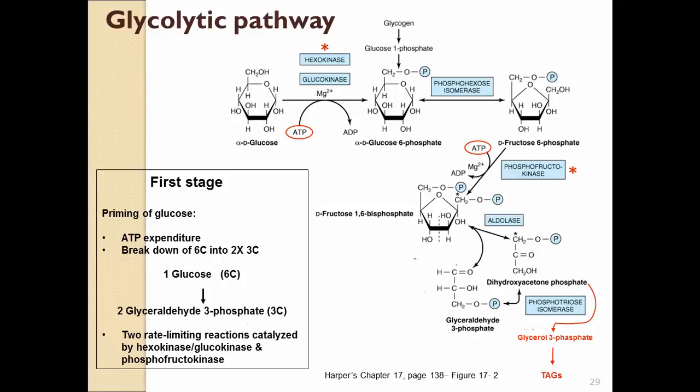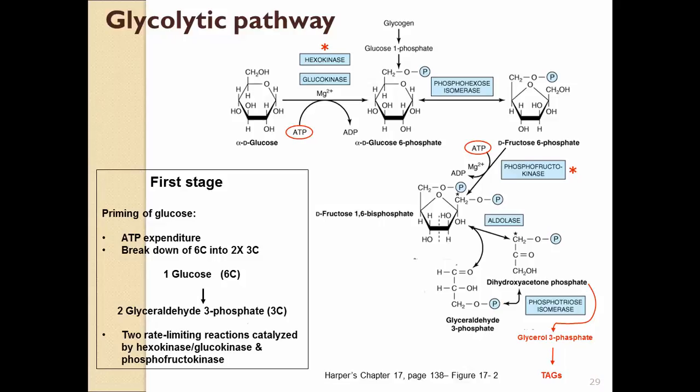Glucose is a 6-carbon molecule, and glyceraldehyde 3-phosphate only has 3 carbons. So in the first stage, glucose is metabolized to generate 2 molecules of glyceraldehyde 3-phosphate. The glucose 6-carbon breaking down into the 2 3-carbon molecules is the first stage.